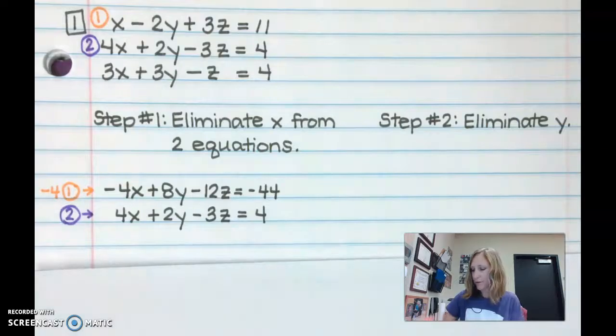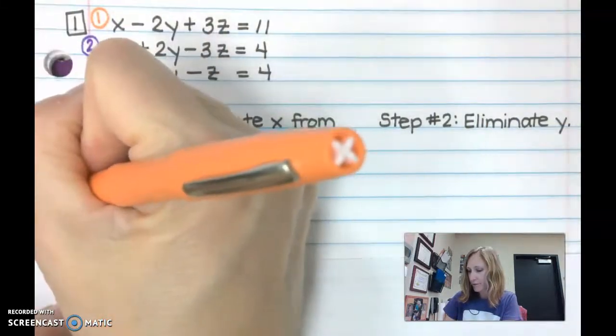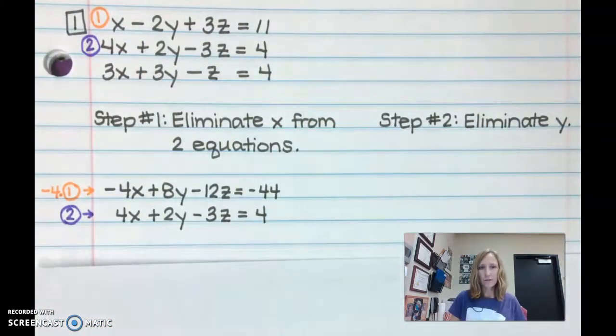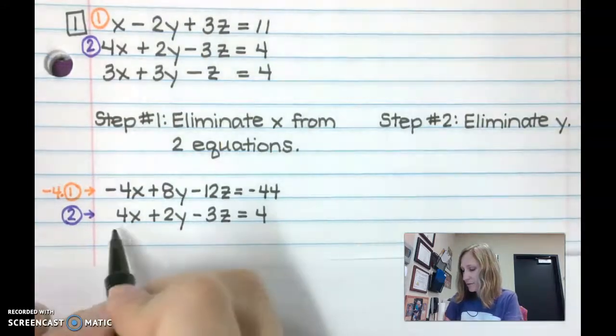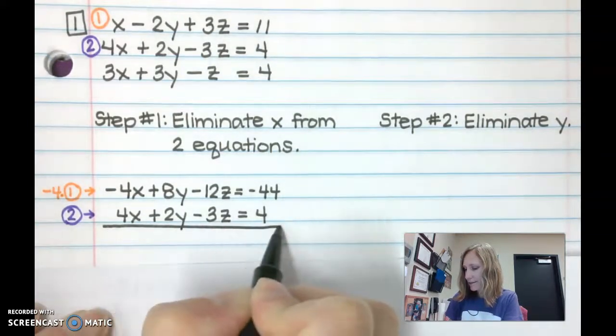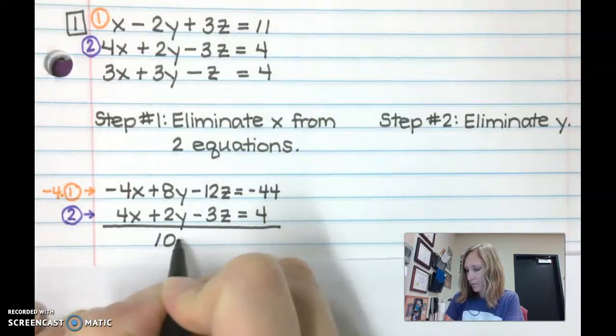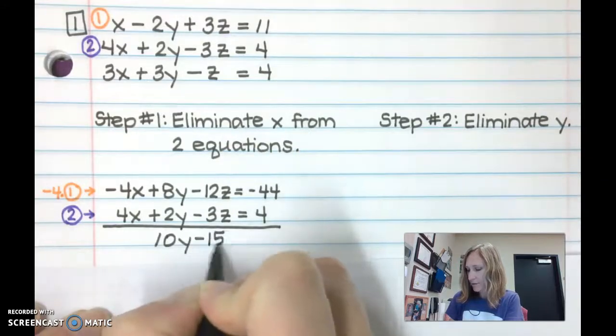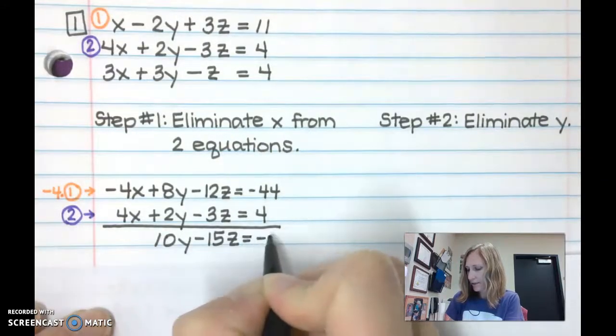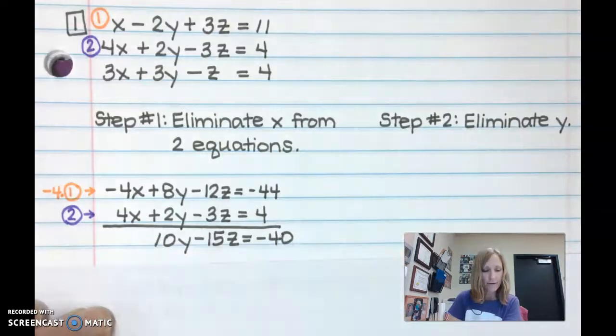So this was negative 4 times the first equation. I'll put that in there. And then the second equation is exactly the same. So I'm set up now that when I combine these 2, it should eliminate the x's and leave me with 10y's minus 15z's is equal to negative 40. So I now have an equation that has just 2 variables in it.